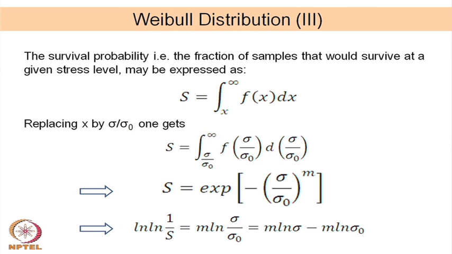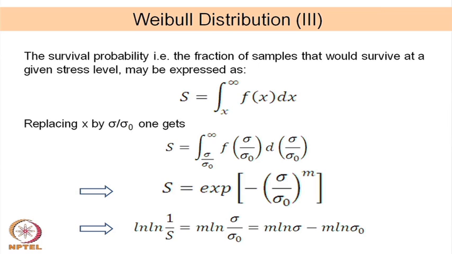The survival probability is the fraction of samples that would survive at a given stress level. We have said sigma is actually the failure stress. At any particular level, either the sample will break or it will remain intact, that is the condition.